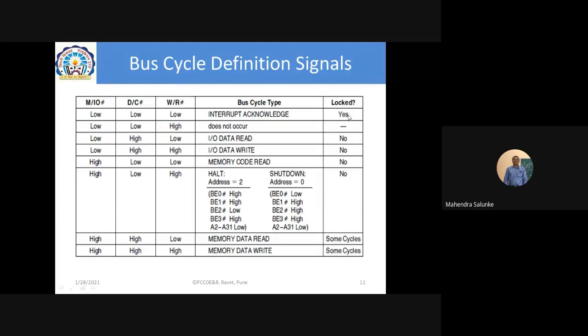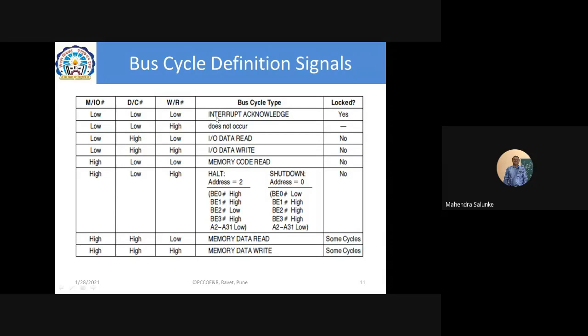So all interrupt acknowledgement cycles will be locked. This indicates that during the interrupt acknowledgement cycle, other bus masters cannot interrupt or pause this particular bus cycle until it completes.